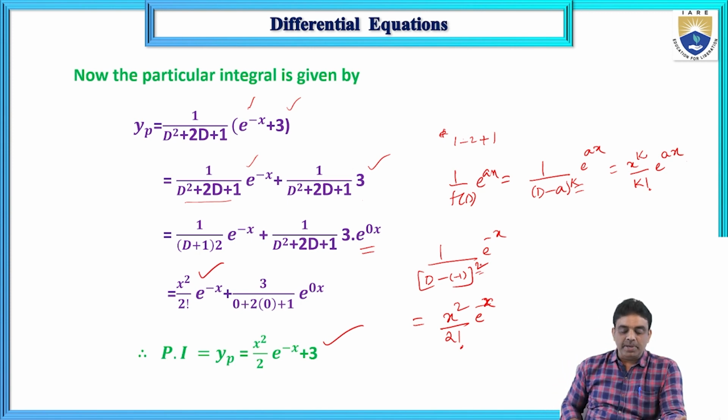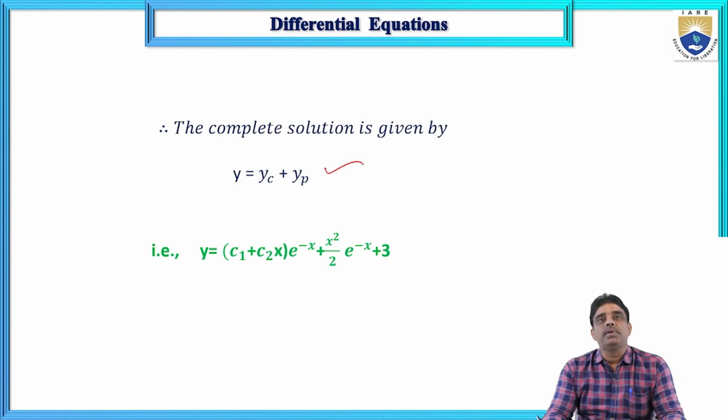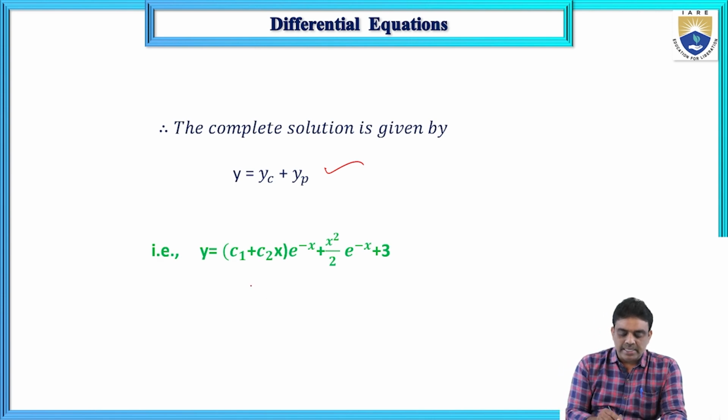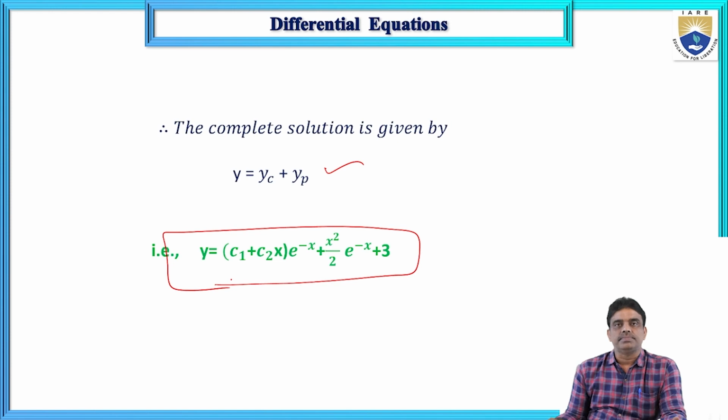Therefore, the complete solution is given by complementary function plus particular integral, that is c1 plus c2x of e power minus x plus x square by 2 e power minus x plus 3 is the required solution of the given differential equation. So when it is e power ax, please keep in mind the formula.